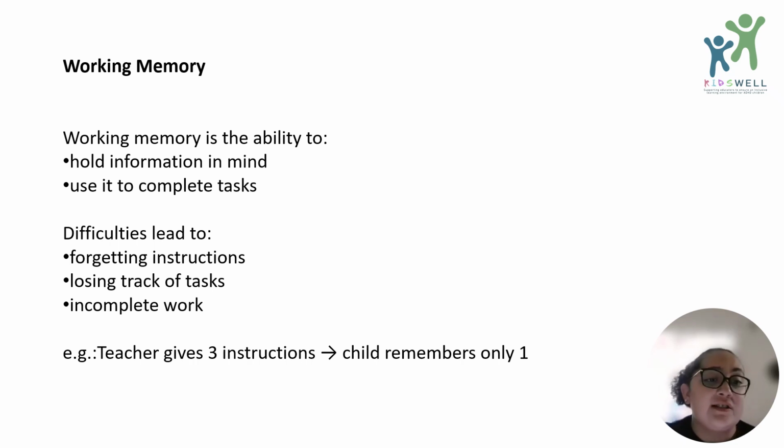Difficulties lead to forgetting instructions, losing track of tasks, and incomplete work. So, for example, a teacher gives 3 instructions. The child with ADHD remembers only one because of a difficulty in his or her working memory.